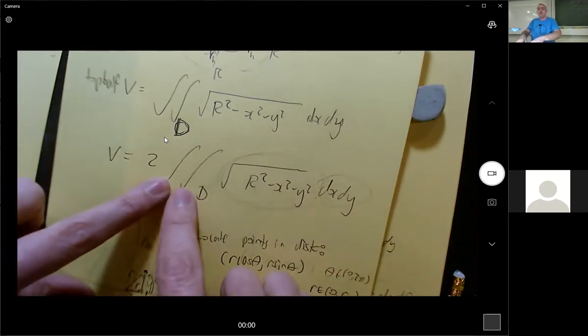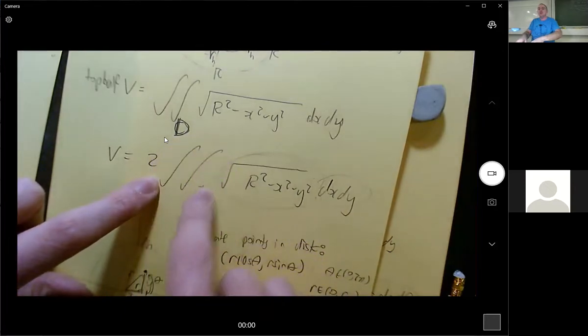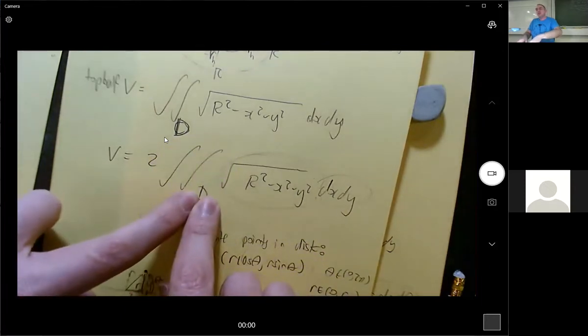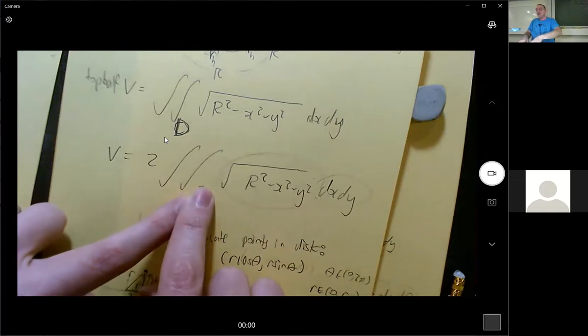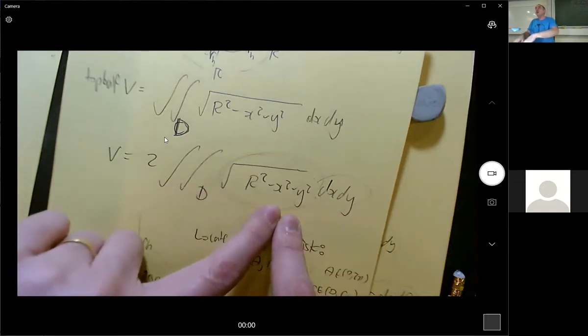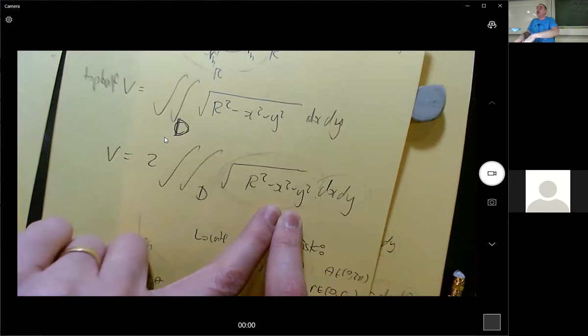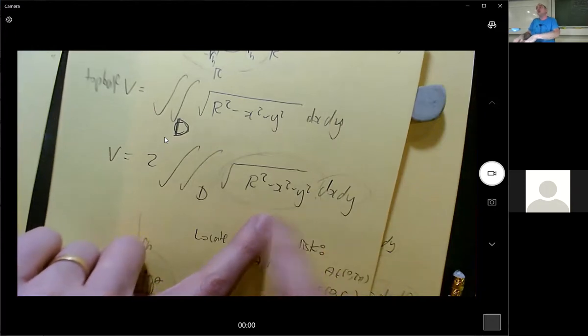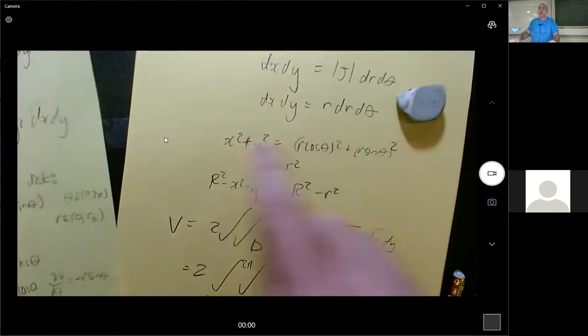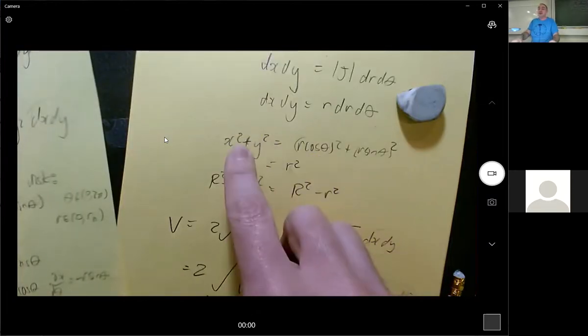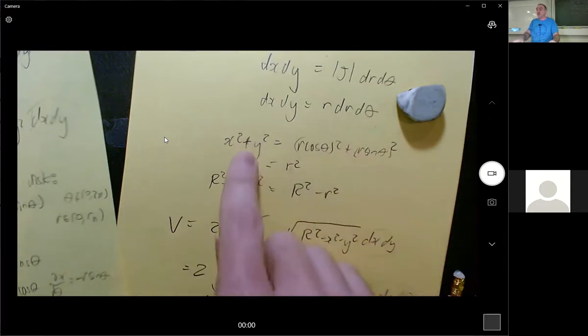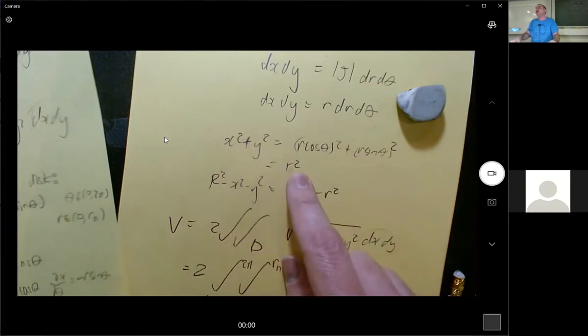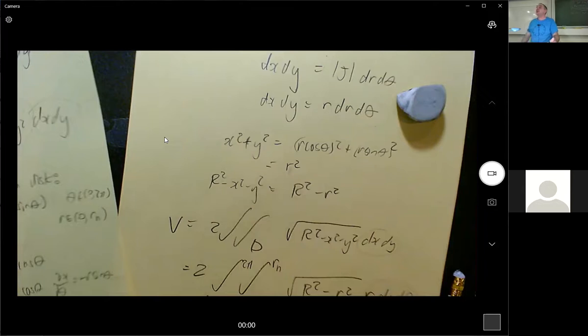I figured out it was really difficult to locate every point in this disk using x and y, so I'm going to locate every point using r and theta, which means the formula needs to be saying, based on the r and the theta that I'm using to locate this point, what would the formula be then? So I'm replacing the x with something involving r and theta, and the y with something involving r and theta. And it turns out that this x squared plus y squared simplifies to r squared. Doesn't have a theta in it at all, which is convenient.